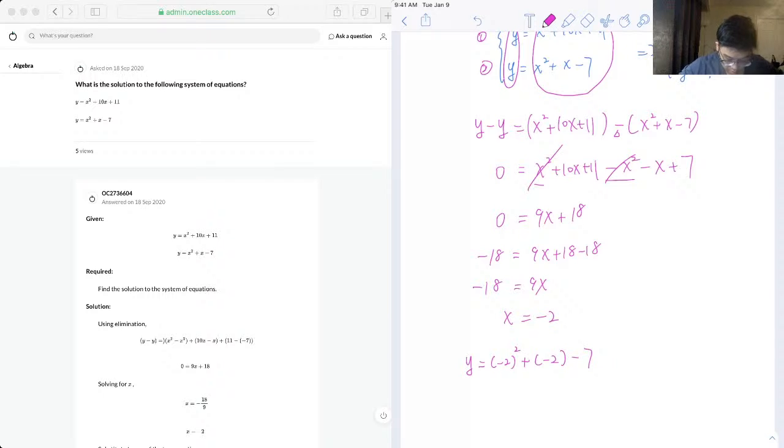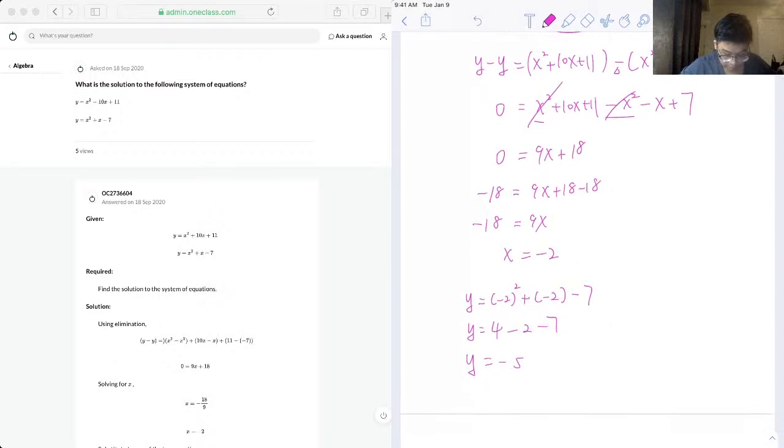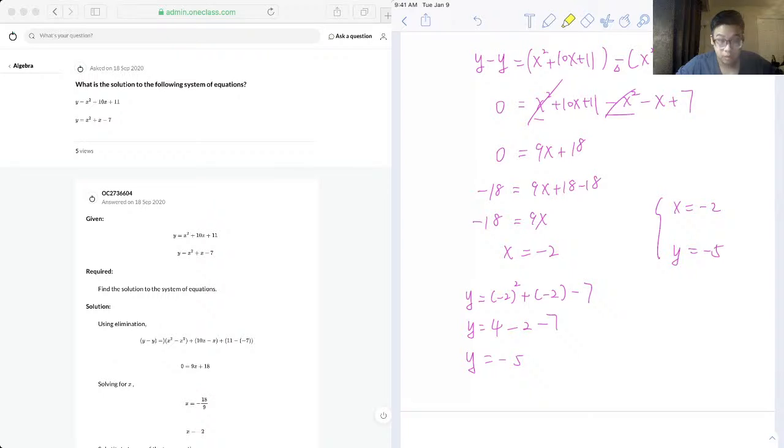So y is equal to 4 minus 2 minus 7, which gives us y as negative 5. x is negative 2, which is our final answer.